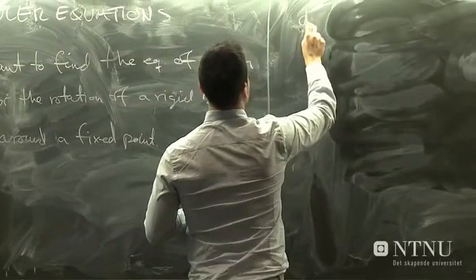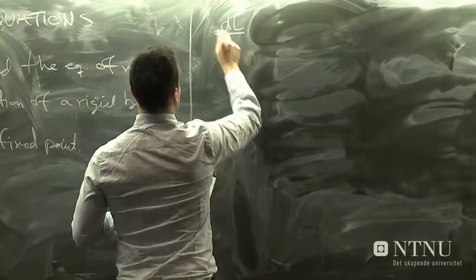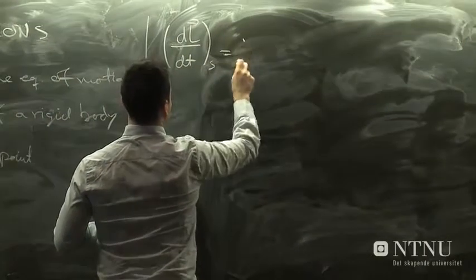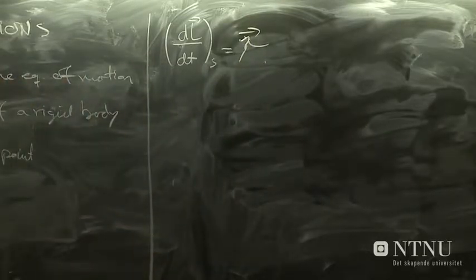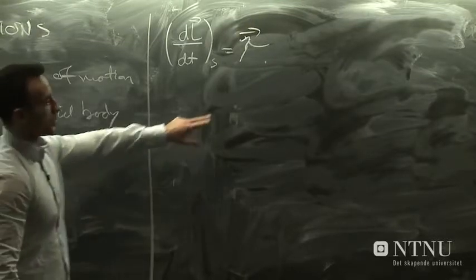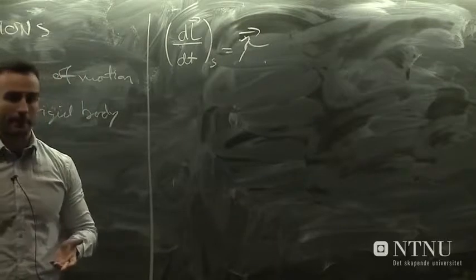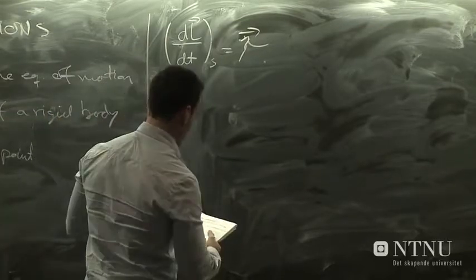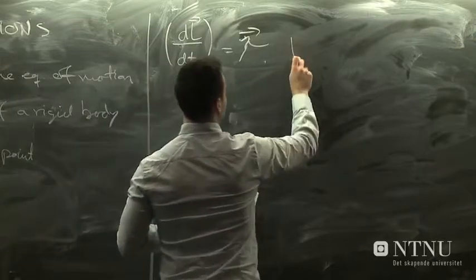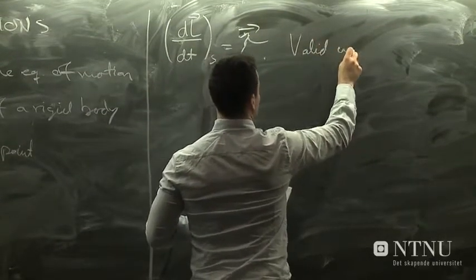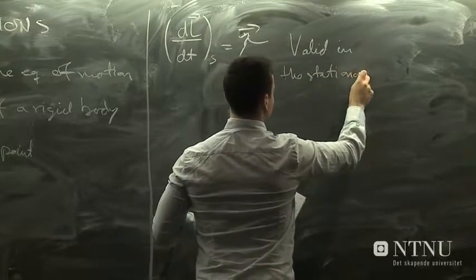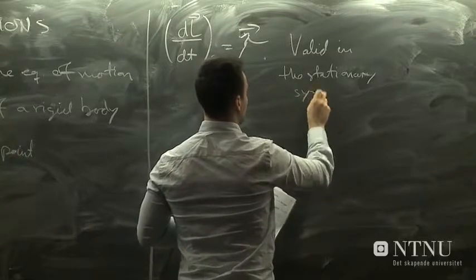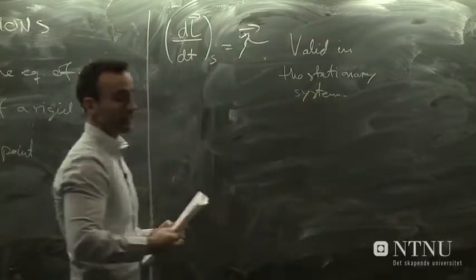So we have that the time derivative of the angular momentum as seen from our observatory system is equal to the total torque, tau, exerted on the body. So this is valid in the stationary system.